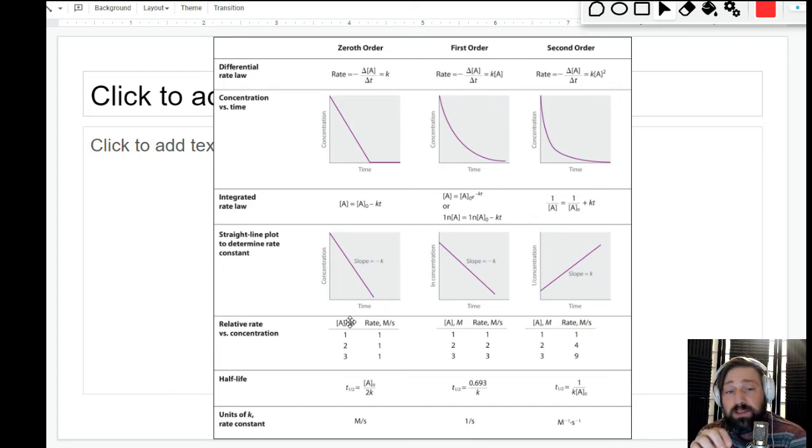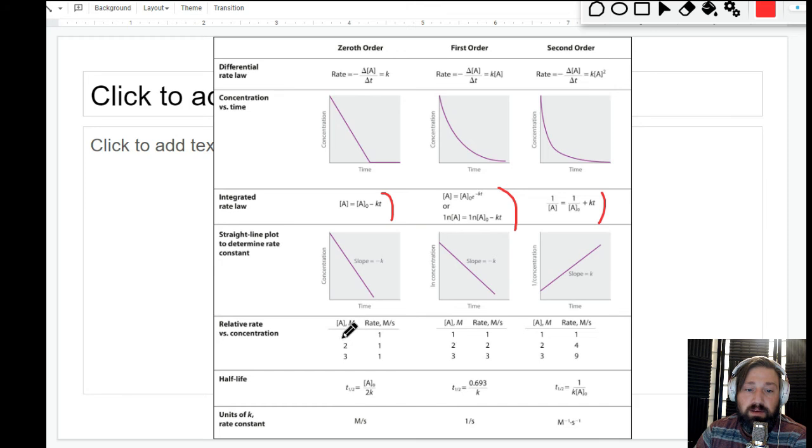Let's start putting this in. I'm going to give this to you. This is a little cheat sheet. You won't be able to use it on the exam, but it can help you with studying. It has the integrated rate laws for these guys. It has what the concentration versus time plots look like, and your relative concentrations.